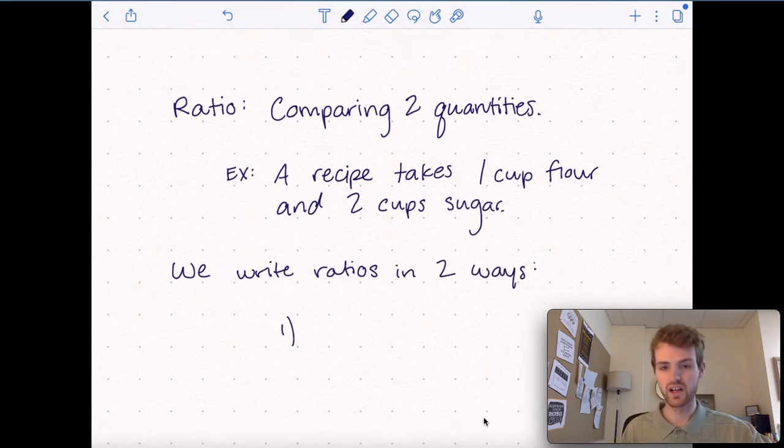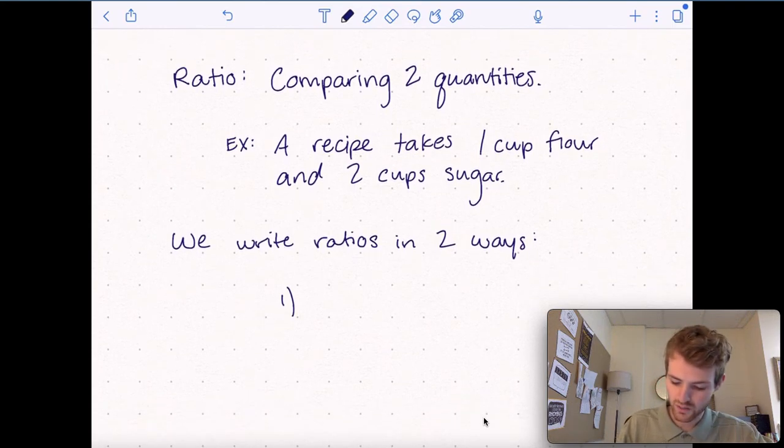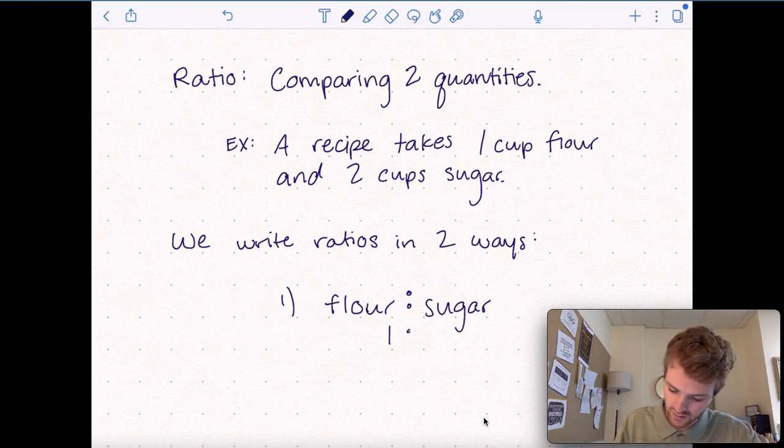The first way is that you could say, oh, we're comparing flour, and then we use a colon. A colon is, of course, the two dots above each other. We're comparing flour and sugar. So if we took this recipe, we would write this ratio as 1 to 2.